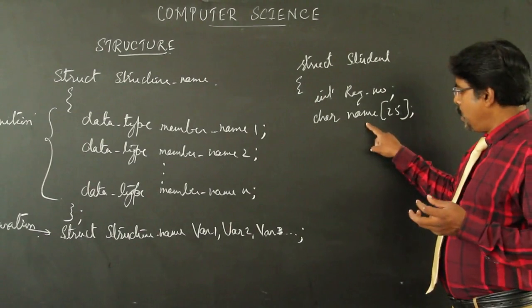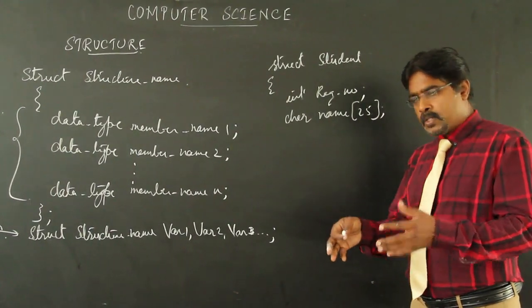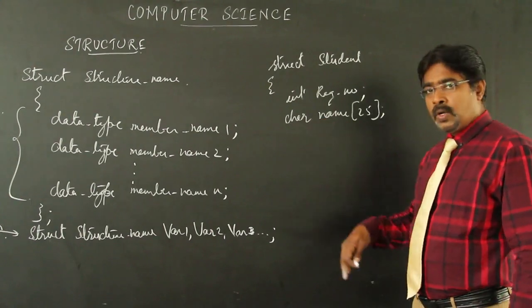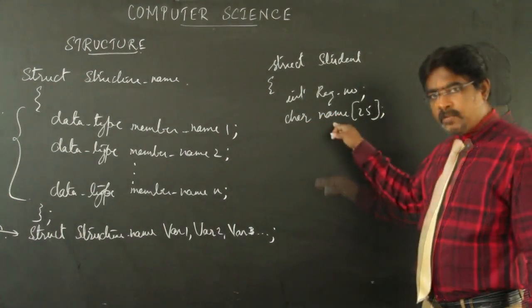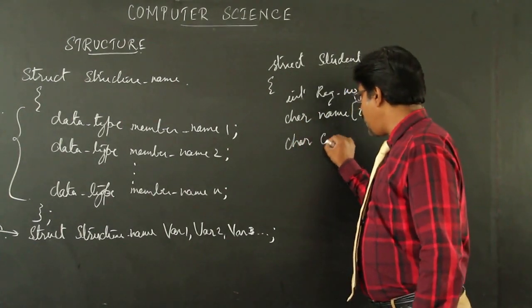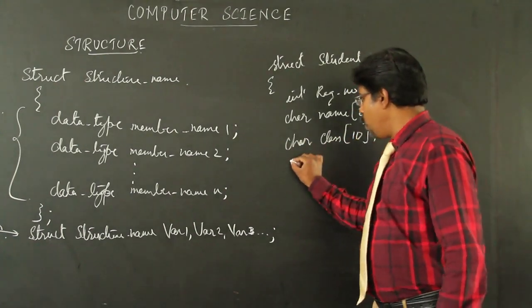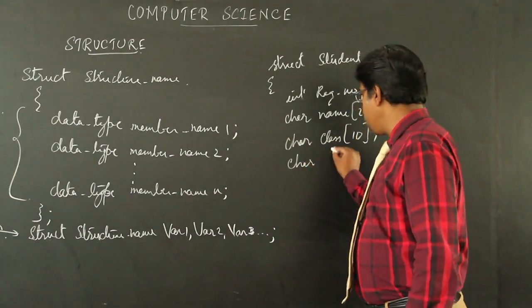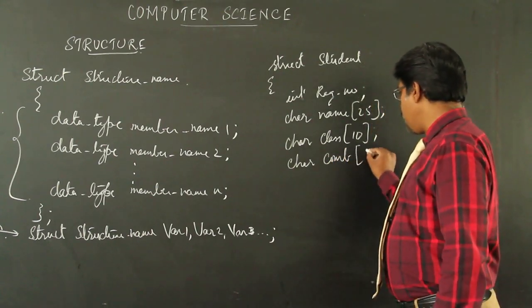That is, a string is a sequence of characters enclosed within double quotes. So whenever we are going to have a string, we will be using a character data type. A string variable name will be name. Then we have char class to store which class the student belongs to. Then char combination, COMB, I'll take as 6 here.